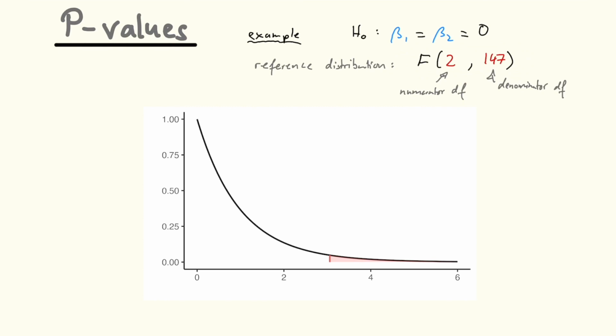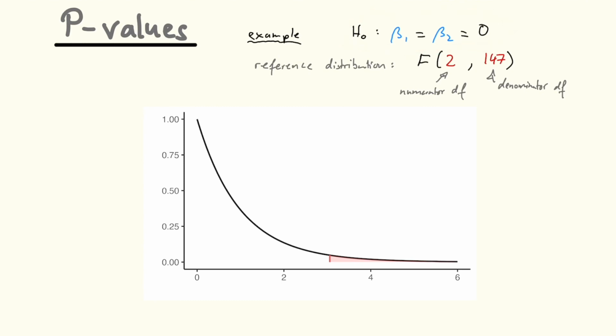Before we move on and talk about p-values, allow me to rant a little. Please don't say that this here represents the distribution of the F statistic. A lot of people say that. What is true is that this distribution approximates the distribution of the F statistic if the null hypothesis is true.